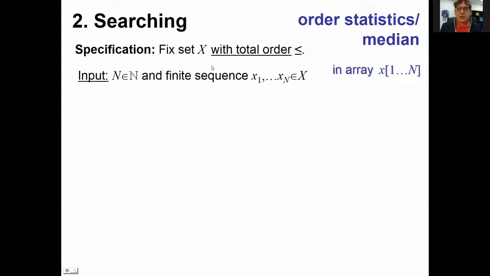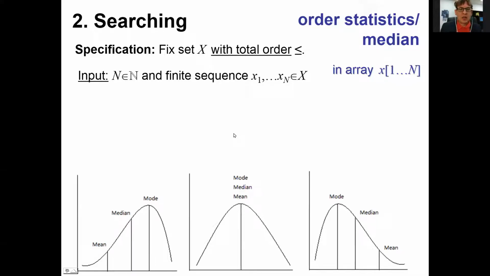The problem with median is: input a sequence of elements from a totally ordered set, and the goal is to calculate, well, first let's consider the problem of calculating the mean, the average. That's kind of an easier problem, right? You just add all elements and then divide by the number of elements.